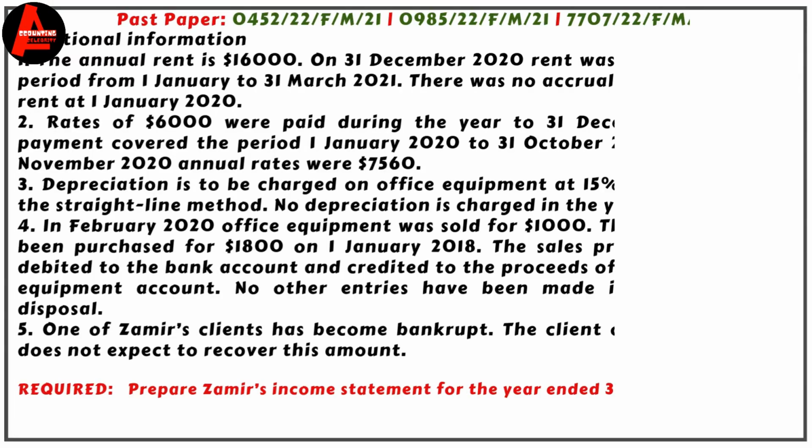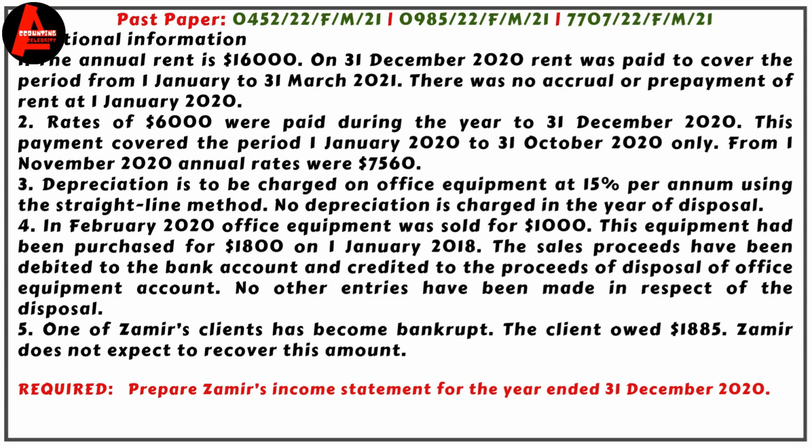Adjustment number 2: rates of $6,000 were paid during the year to 31st December 2020. This payment covered the period 1st January 2020 to 31st October 2020 only. From 1st November 2020, annual rates were $7,560.